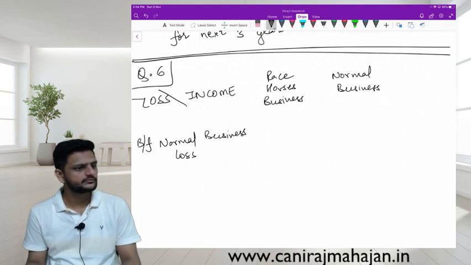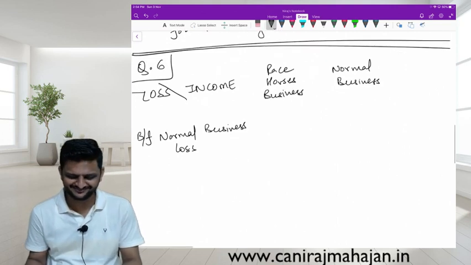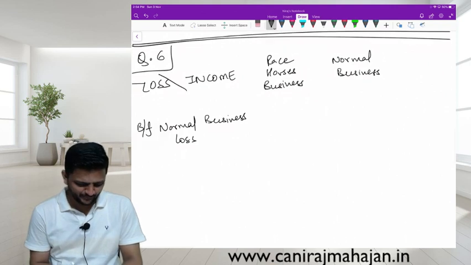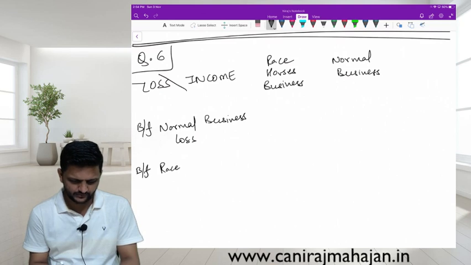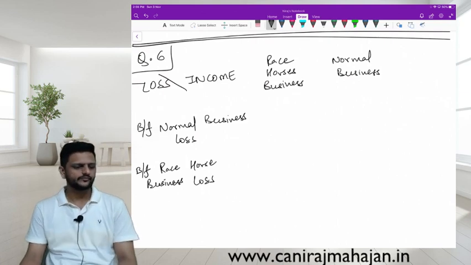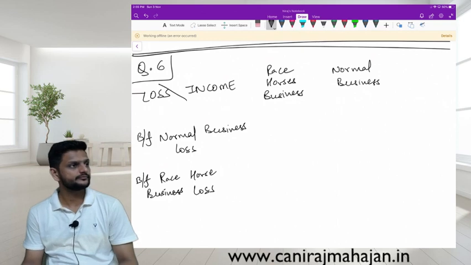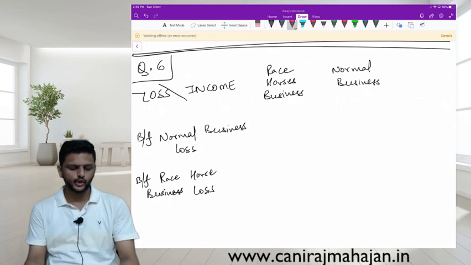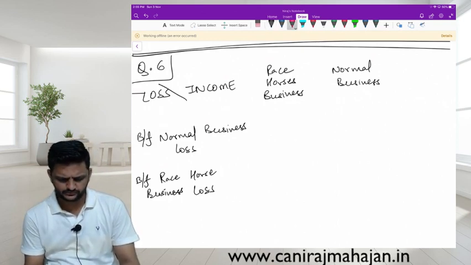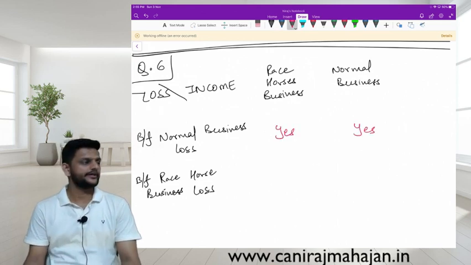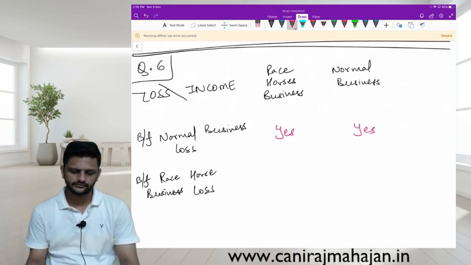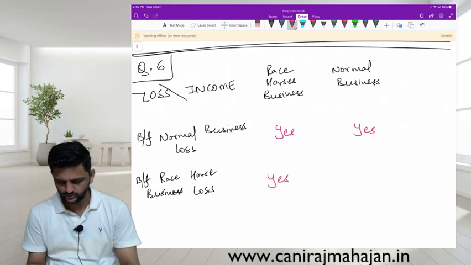Brought forward race horse business loss. Tell me what is allowed to be reduced from what? Normal business loss can be reduced from? Except salary. So yes and yes. And race horse business loss can be set off from? Only this yes, this no. Correct?